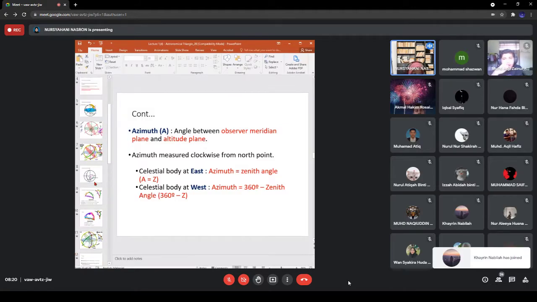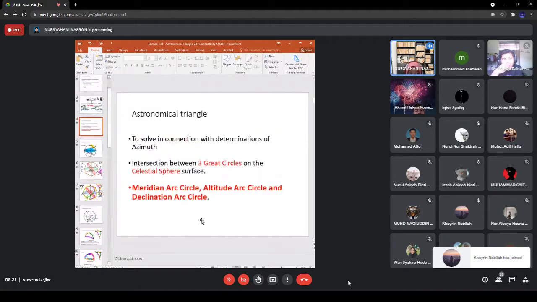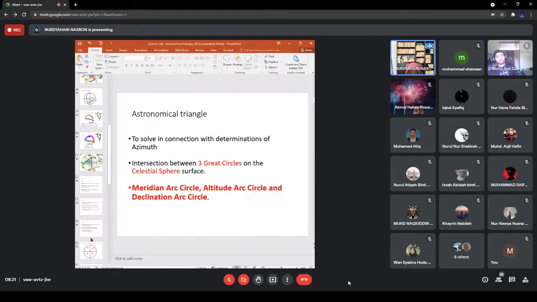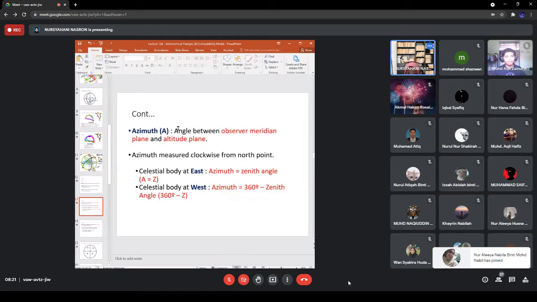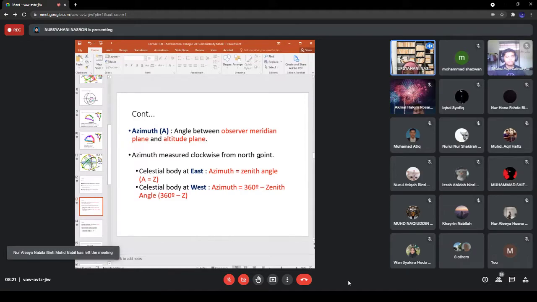Refer again: what is the function of astronomical triangles? To solve in connection with determination of azimuth. Azimuth is measured clockwise from the north point and it occurs at two sides, the east side and the west side.